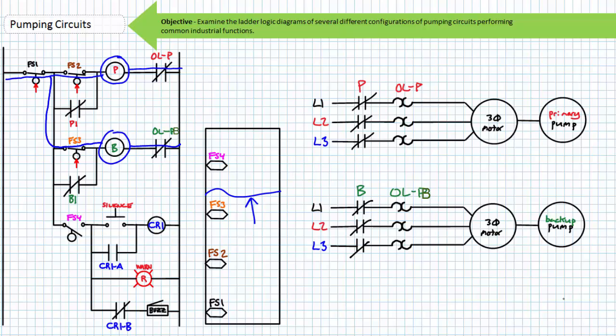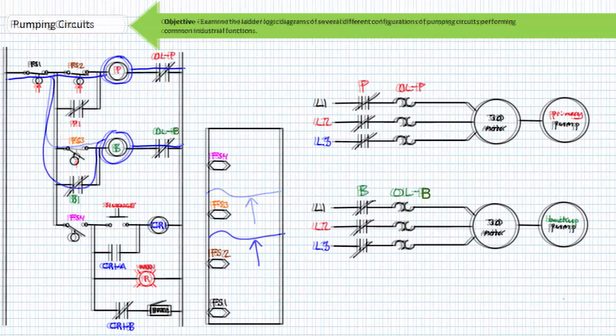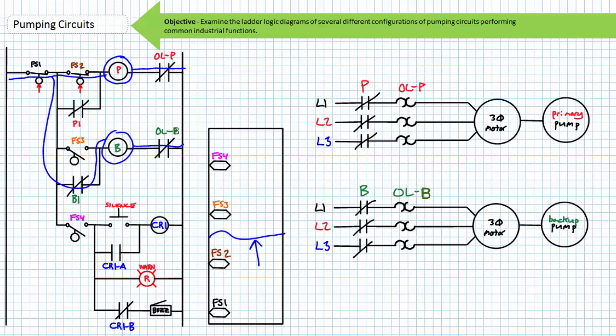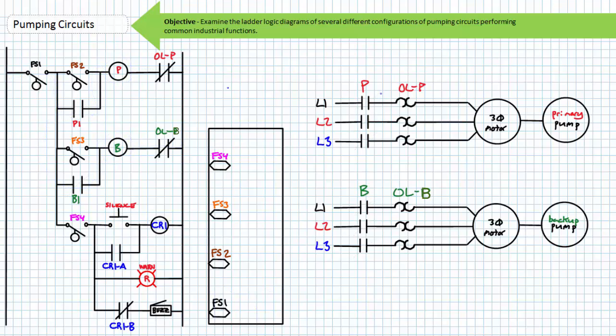Note that the holding contacts P1 and B1 in parallel to float switch 2 and float switch 3 would keep that particular pump running until such time liquid level in the tank drops below the reset level of float switch 1. This again allows the backup pump to step in and save the day if the primary pump can't cut it or cuts out.